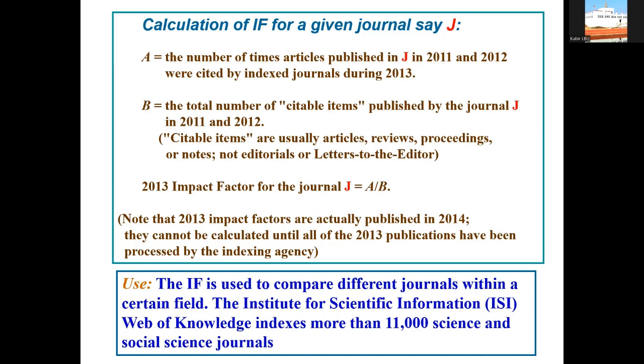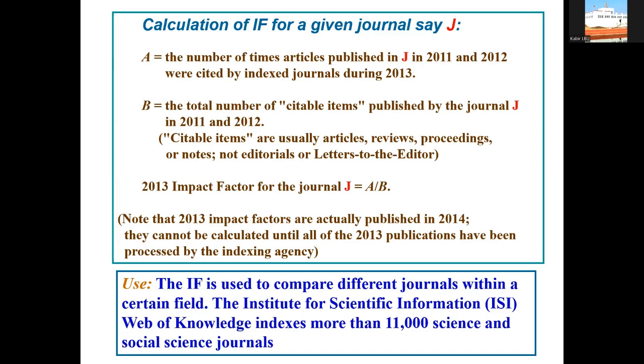Note that 2013 impact factors are actually published in 2014, so they cannot be calculated until all of the 2013 publications have been processed by the indexing agency. There is also the Ram Mohan Seminary, which gives the ISBN number and ISSN number for journals, and ISBN for books. They also calculate and give the impact factor.